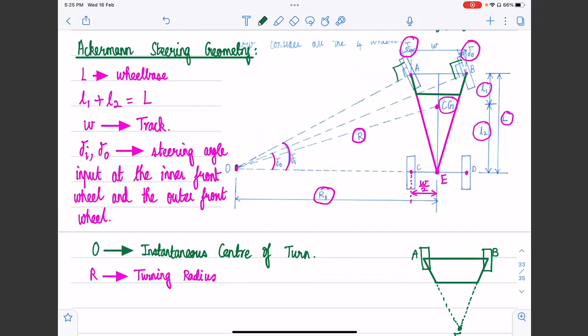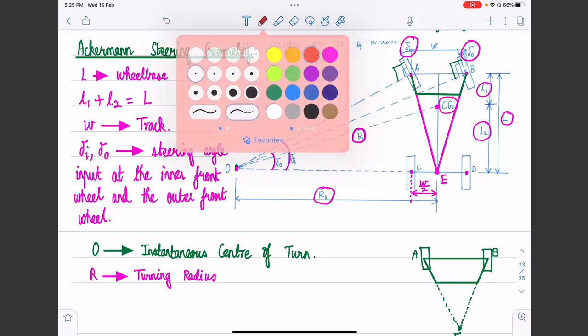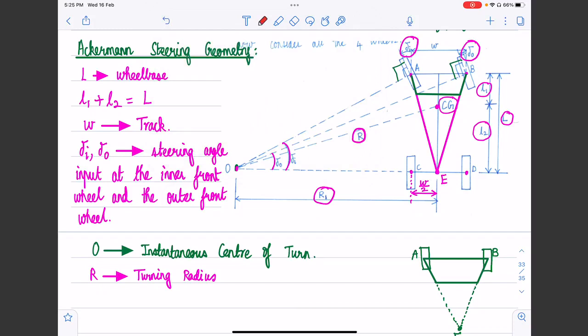If you have pure rear wheel steering, it's similar geometry. Once again the idea is to go for a similar arrangement. If you have four-wheel steering, I'm just marking the point O somewhere here. I will erase this later, just because this question came. Even the rear wheel will be steered like this.